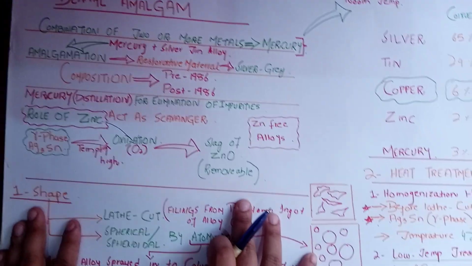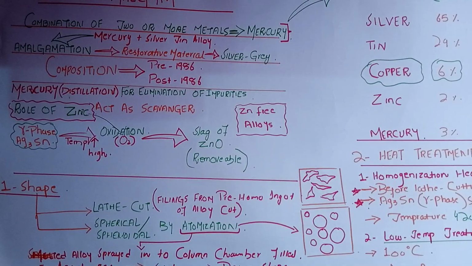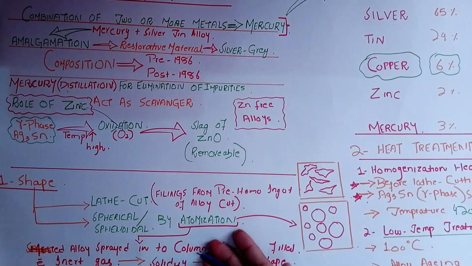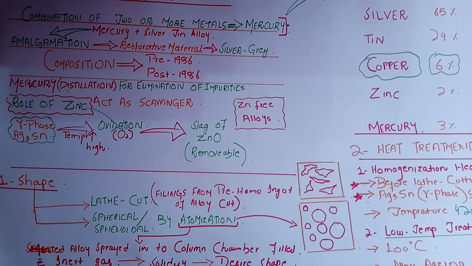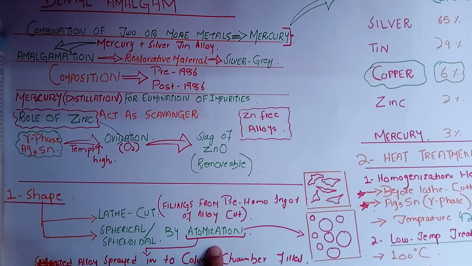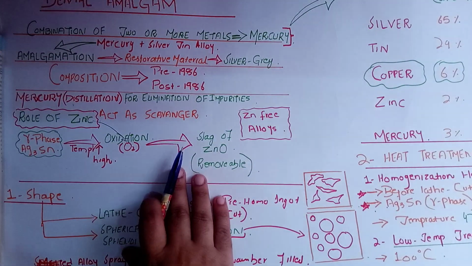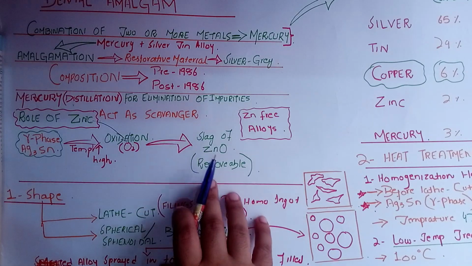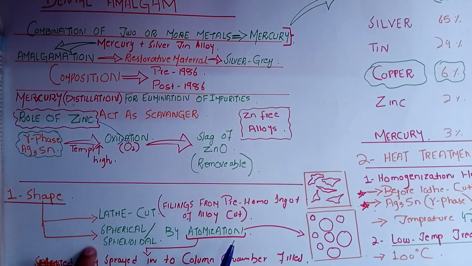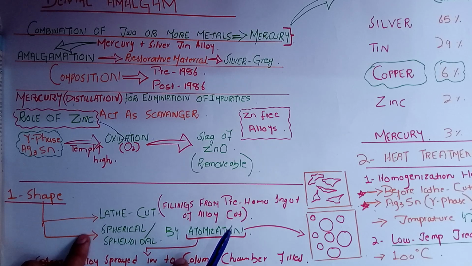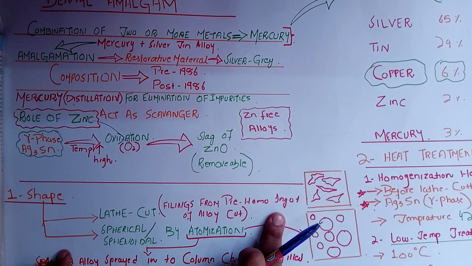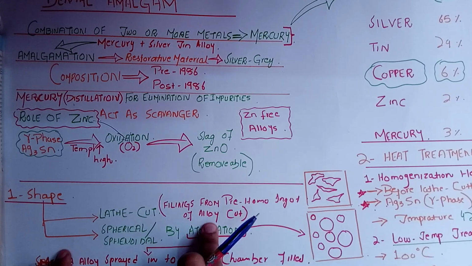Now I will explain how we can attain different shapes and sizes of the amalgam alloys or its constituent alloys. There are two methods which we can use to produce the particles. Firstly, filings of the alloy may be cut from the pre-homogenized ingot of the alloy.